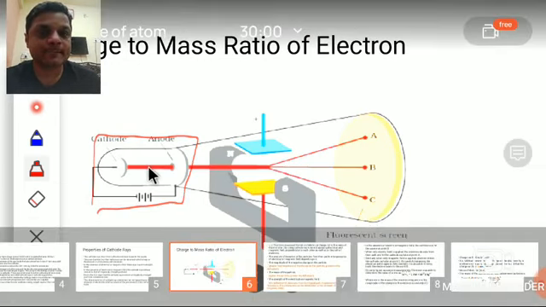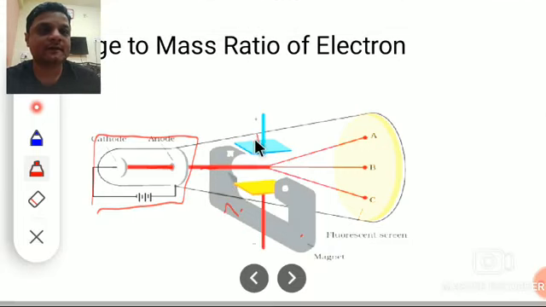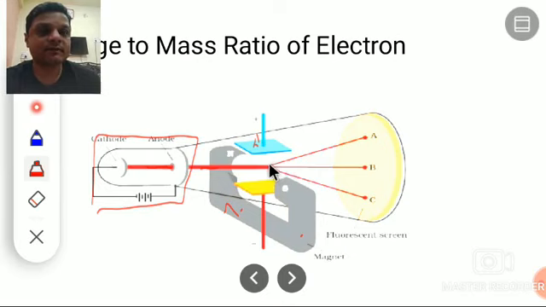Cathode rays are generated and travel through the electric and magnetic field. In the absence of an electric and magnetic field, the rays go in a straight line. If electric fields are applied, they deflect to point A or C. So that is all about the J. J. Thomson experiment.